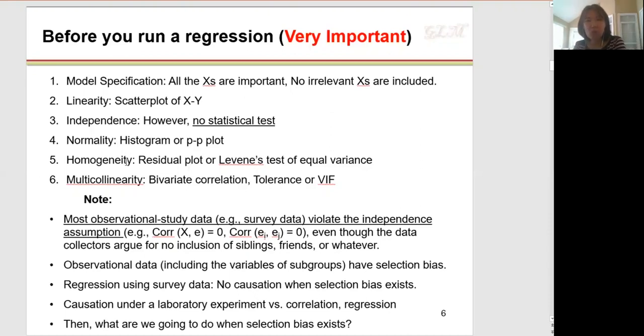Homogeneity is a residual assumption. So the residual plot, you remember that: predicted standardized values on the x-axis, and standardized residual values on the y-axis. And then it should look like a rectangle, because on the y-axis, between -3 and +3, the residuals are supposed to be equally located.